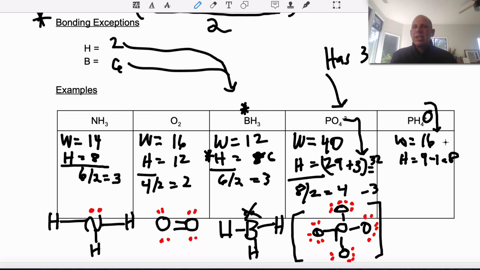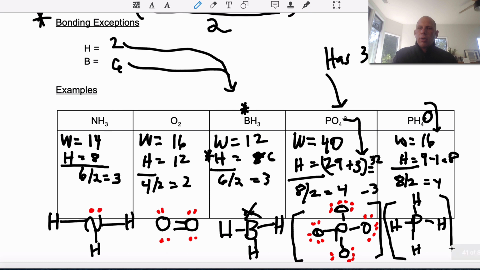Okay, so 16 minus 8 is 8, divided by 2 is 4. P, H, H, H, H, P, 2, 4, 6, 8. Sweet. Each H, 2, 2, 2, 2. Good to go. Okay, so we are fine there.